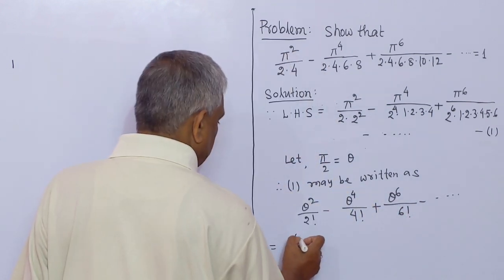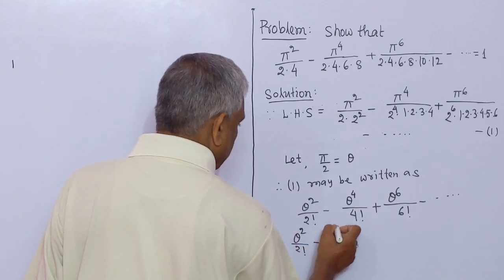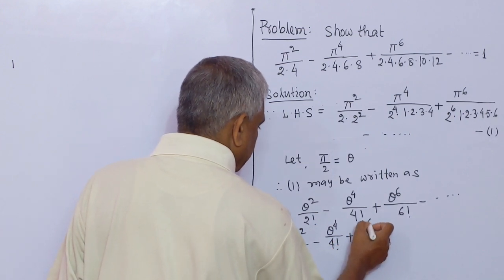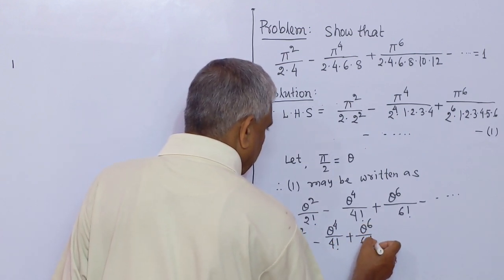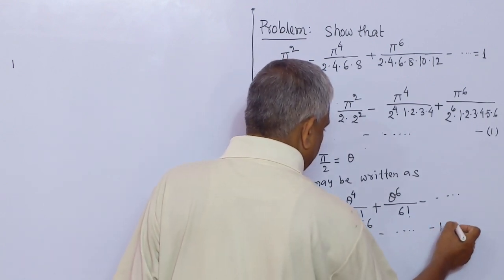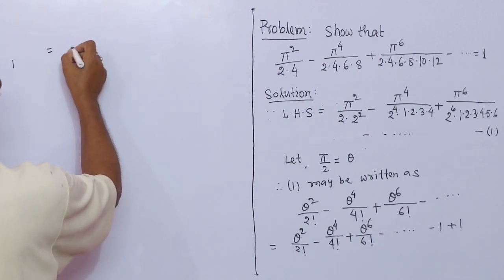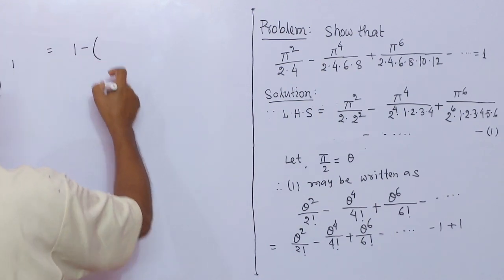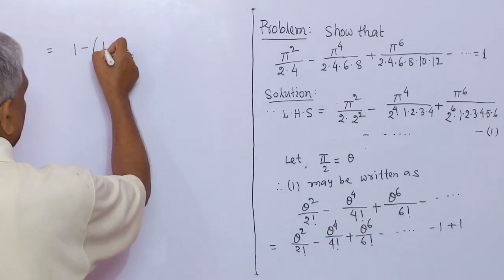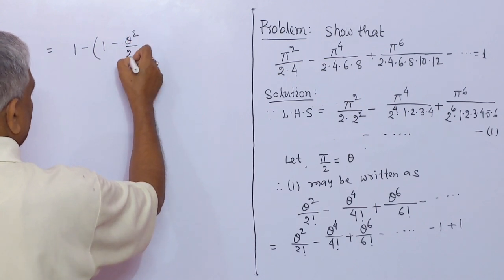This equals theta square by factorial 2 minus theta to the power 4 by factorial 4 plus theta to the power 6 by factorial 6 minus dot dot dot. Minus 1 plus 1, and this will be equal to 1 minus, we take firstly this 1, minus theta square by factorial 2.